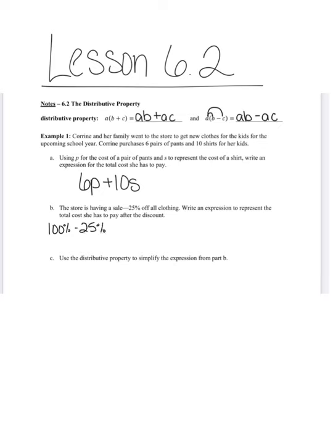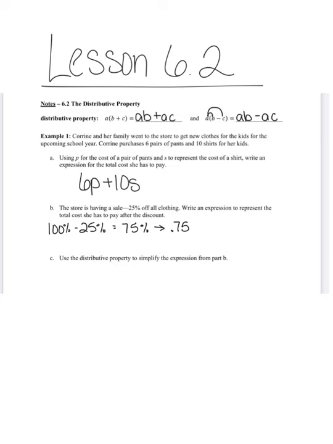So really what we're going to be paying is 75%. And we know to do any computation with a percent, we need to convert that into a decimal. So there's our 0.75, which represents that 75% that we are paying.